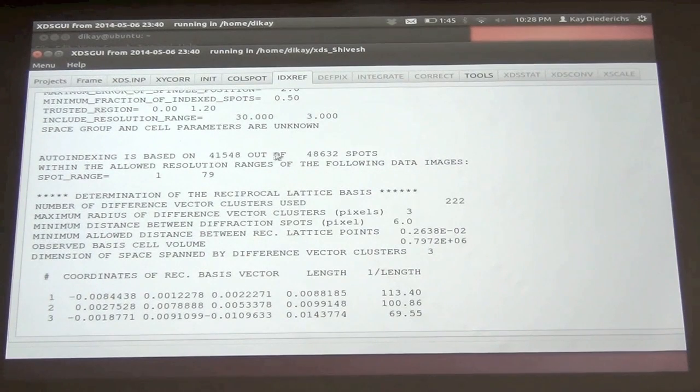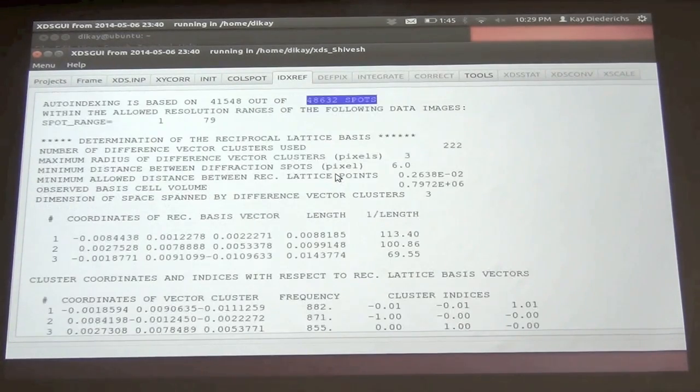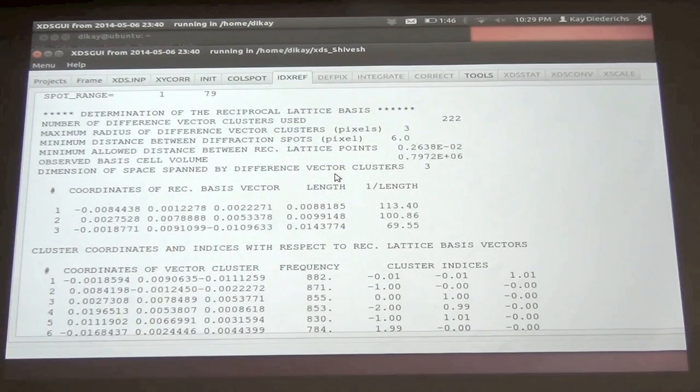Then we see it could find 48,000 spots in the first half of the data set. So the data set has 159 frames, and half of these were used for spot finding. That means from 1 through 79. And 41,000 out of these 48,000 are strong enough to be used for indexing.